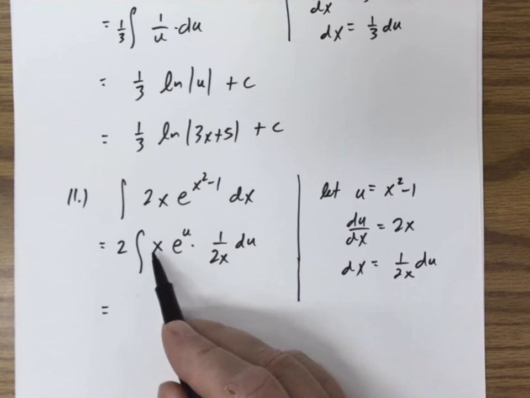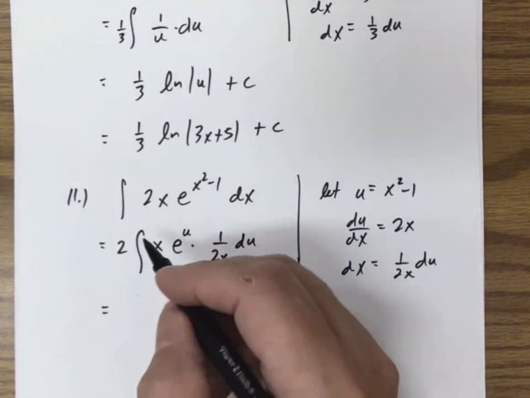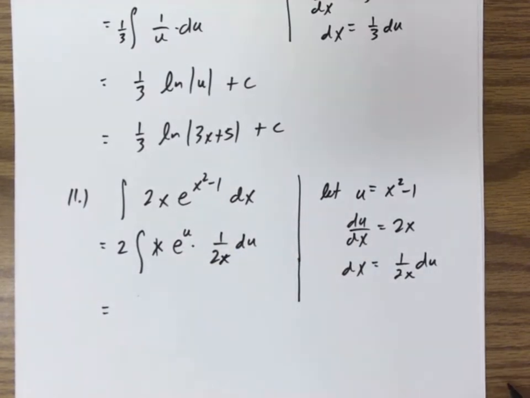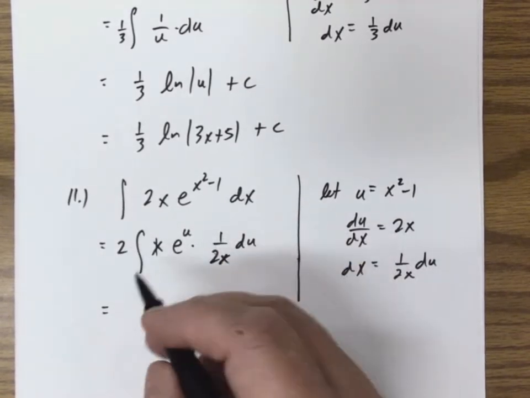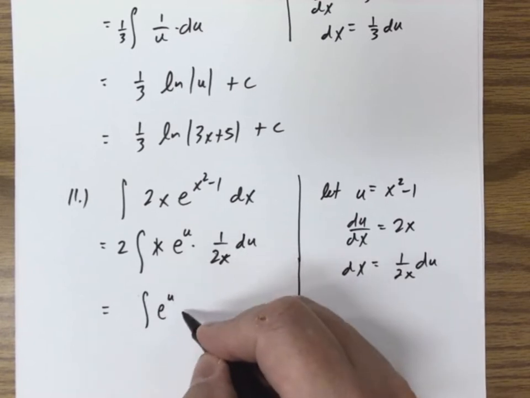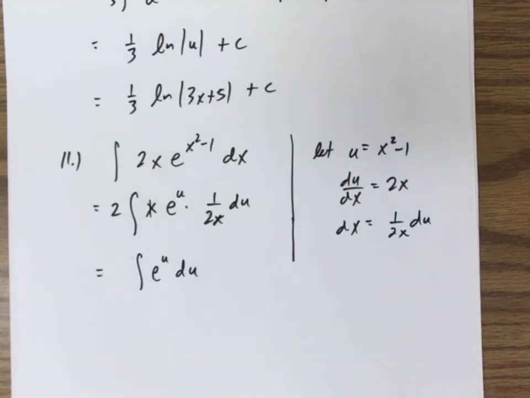I have x up here and 1 over 2x down here. The good news is those x's cancel. As a matter of fact, if I bring this 1/2 out front, 2 times 1/2 is 1. By the time I clean all this up, I'm left with the integral of e to the u du.